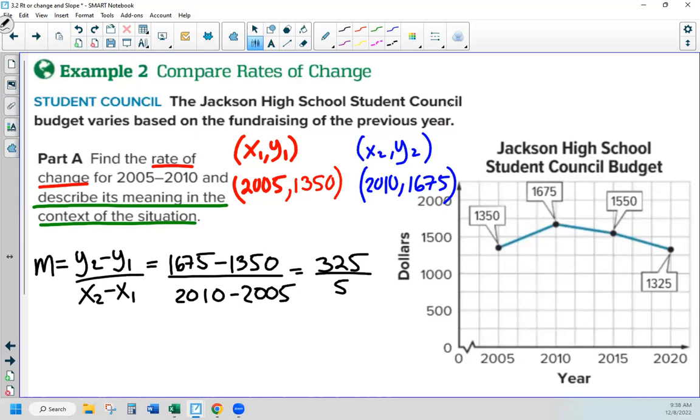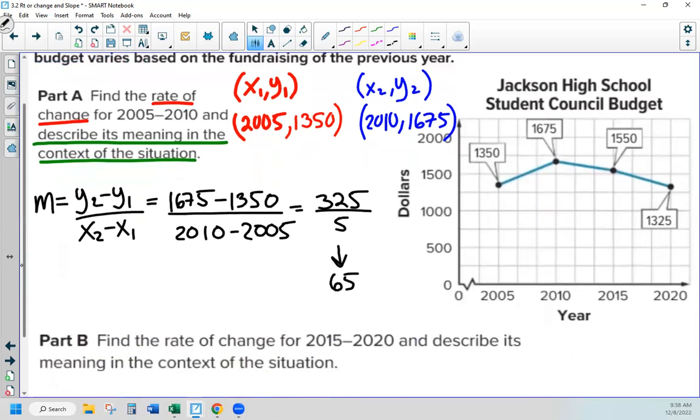That's going to give us 65. We can divide this to get 65. Now remember, I always like to preach that we like to look at slope as a fraction. So if it's a whole number, just put a 1 under it. This will help us interpret it.